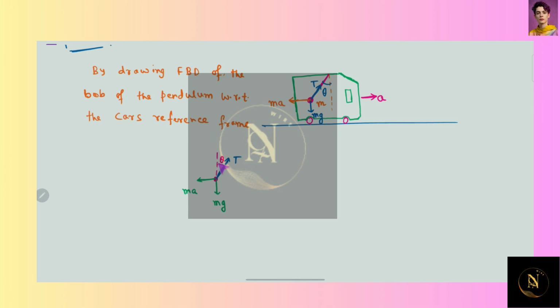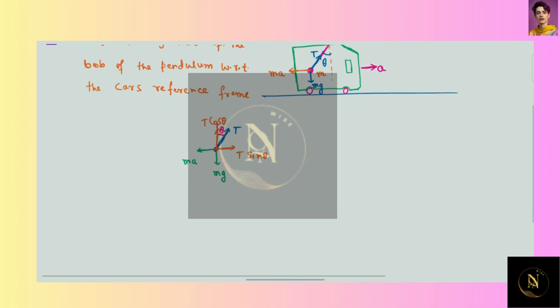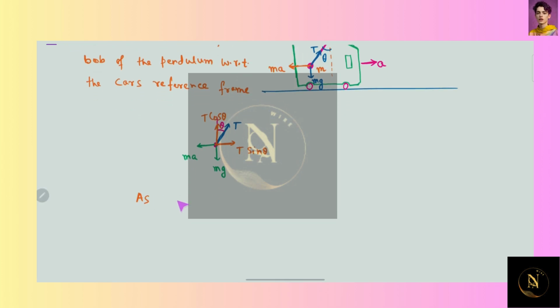This tension force will have two components. In the vertical direction it will be T cos theta, and along the horizontal direction it will have the component of T sin theta. As with respect to the car's reference frame the bob is at rest, the net force on this bob will be 0.